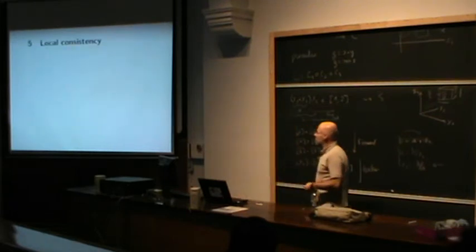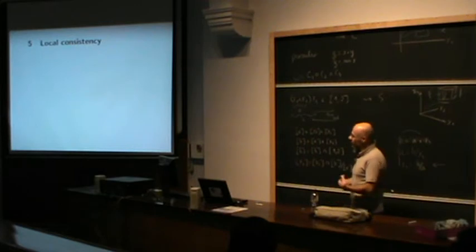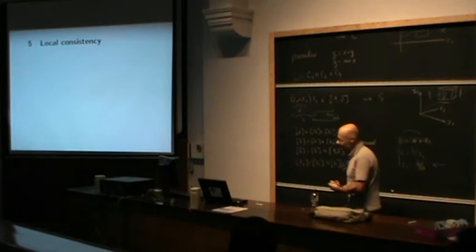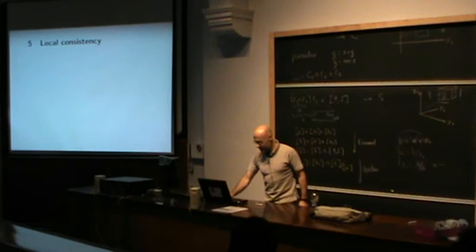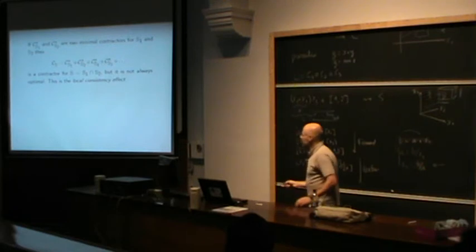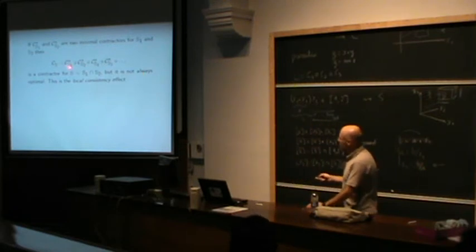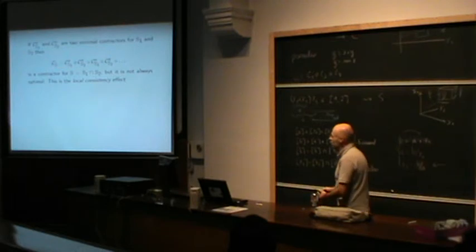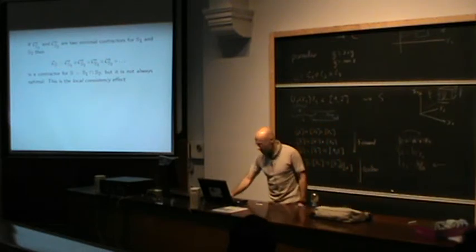I will show you another example to illustrate a problem that can arise when you have a propagation. What I wanted to illustrate is that if you have several optimal contractors, when you combine them, the resulting contractor is not optimal.